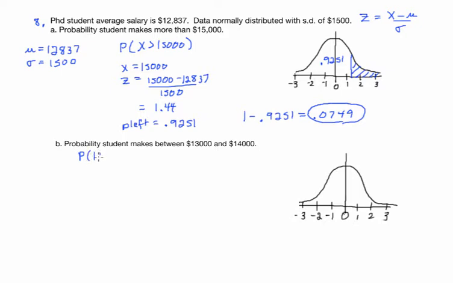What's the probability that our x, that our data value of the person that we choose, is between 13,000 and 14,000? To do this, we have to get z-scores for both of these data values.